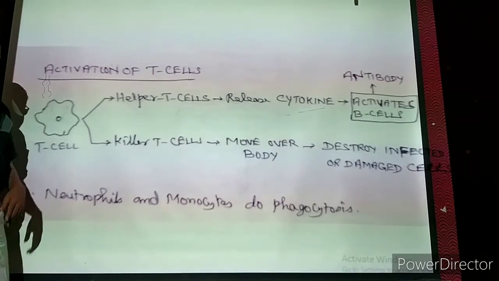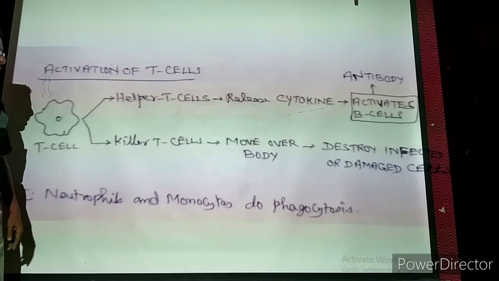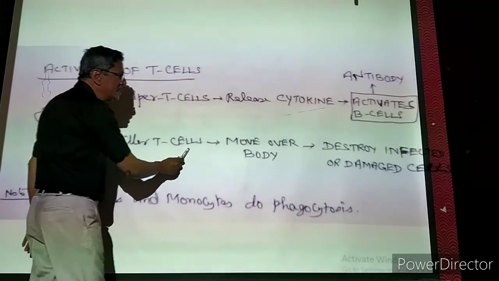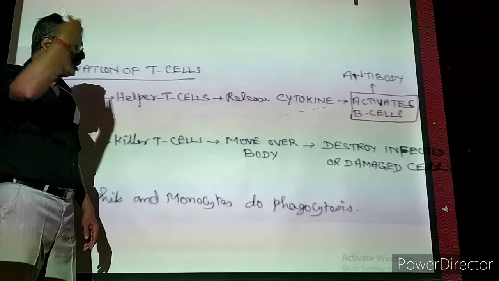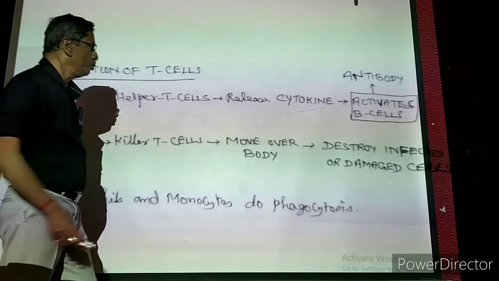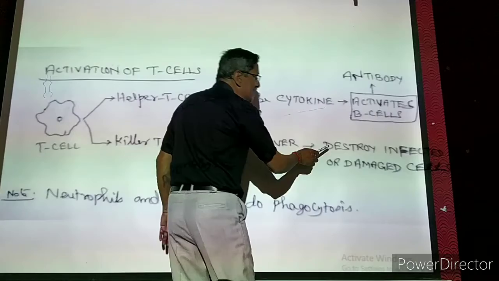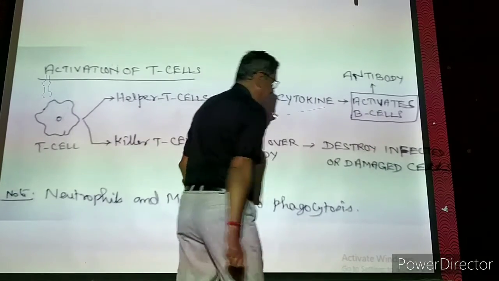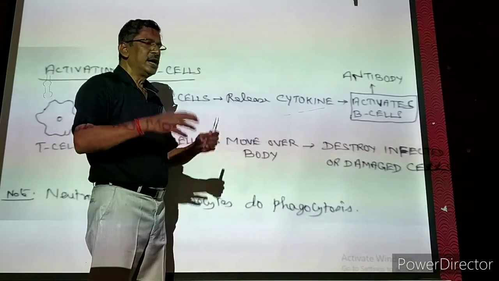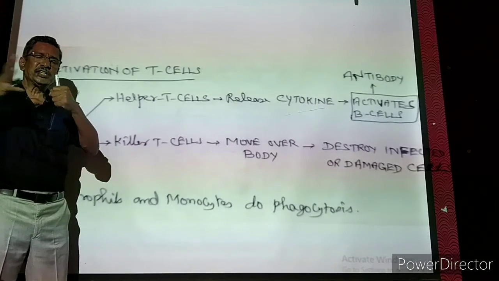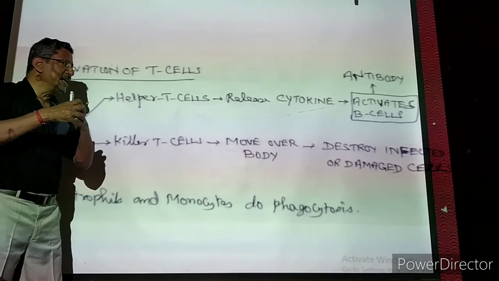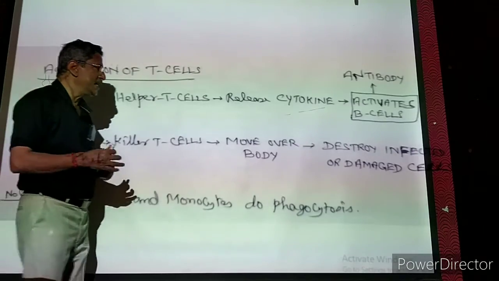Now we are going to see the killer T cell. In the name itself we can understand, the T cell is killing the pathogen. The killer T cell moves over the body. That means it is circulating along with the blood throughout the body. It moves over the body and destroys the infected cells. Directly these killer T cells go, touch the microorganism, and engulf or damage the cell, killing the cell.